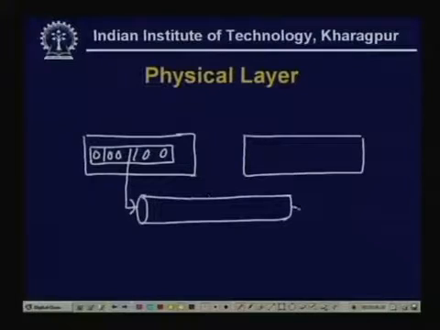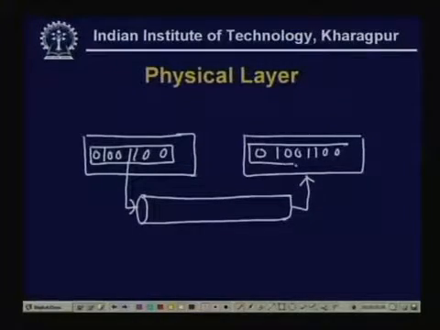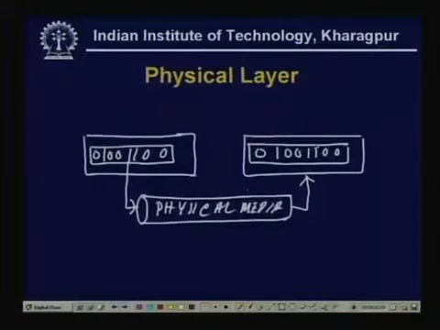The other side will receive the same thing, 0 1 0 0 1 1 0 0. So, here this is the physical layer. I have shown the physical layers, and these two physical layers are communicating through a physical medium. And here is the raw bit stream.